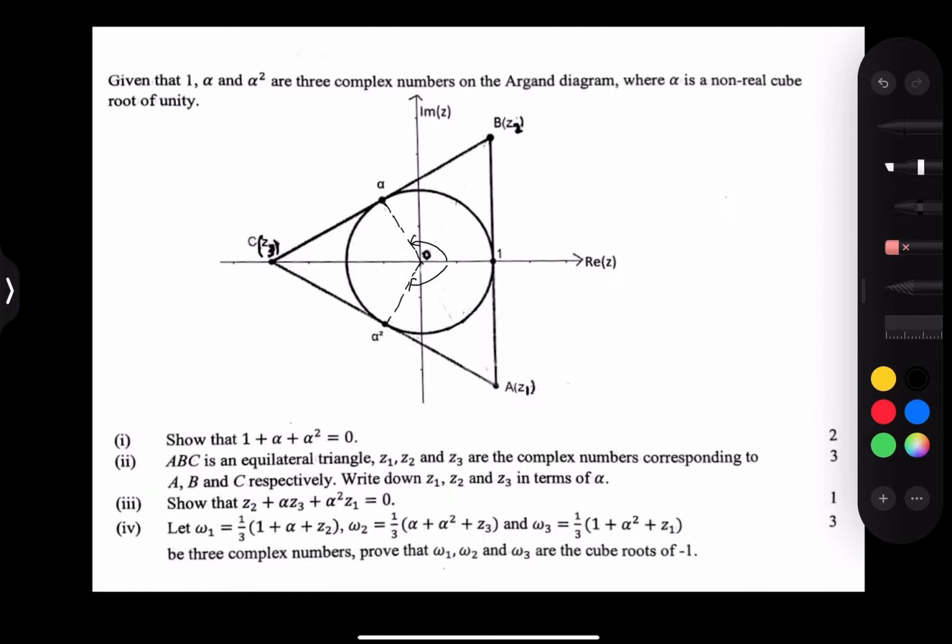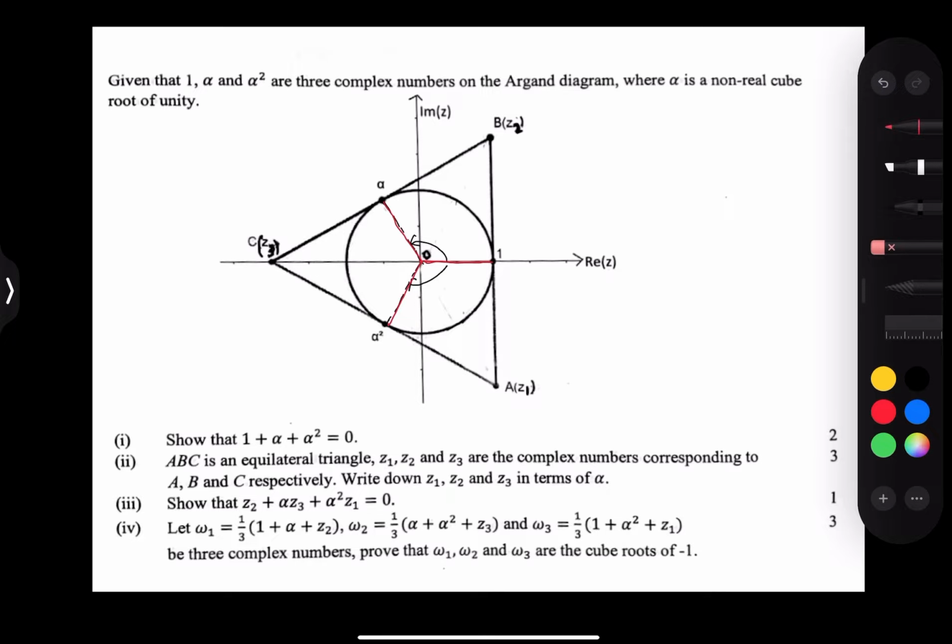Because the roots of unity separate the whole Argand diagram equally, we have 3 roots of unity. One is 1, I'm using different colors. That's 1. One is alpha, that's 2. And one is alpha squared, that's 3. So we divide the whole circle into 3 equal sections.